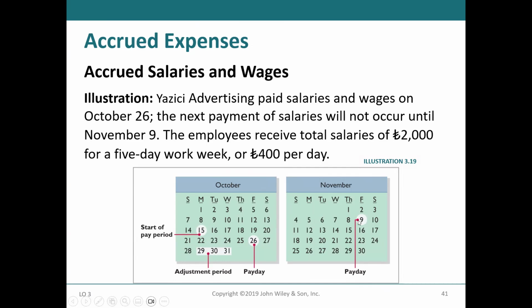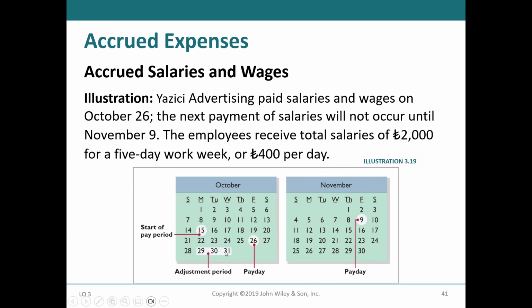Now remember, we are now at October 31. We're going to prepare the financial statement of October 31, so we have to make any adjusting entries to the accounts at October 31.